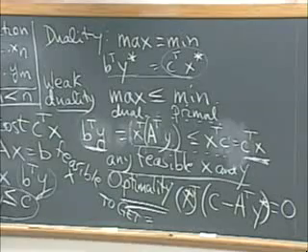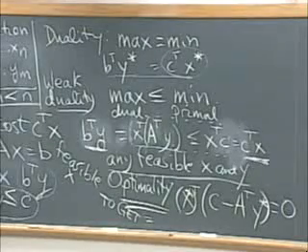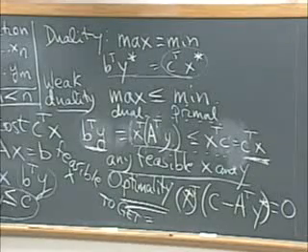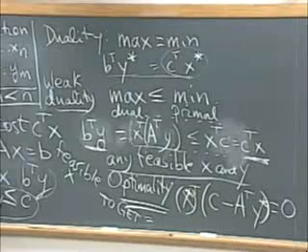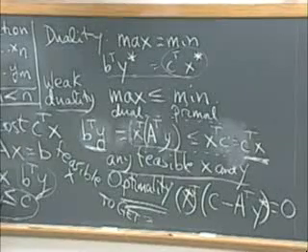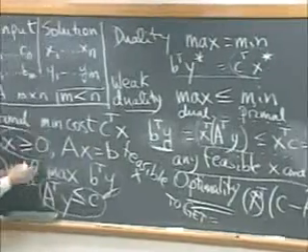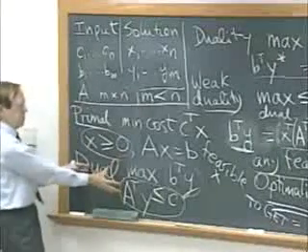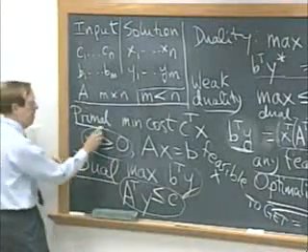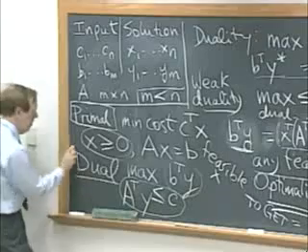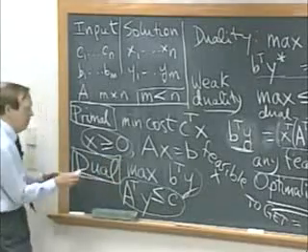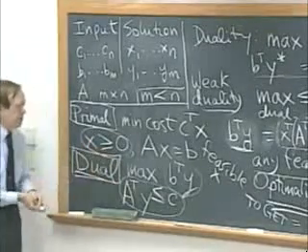So what I'm doing so far is pure algebra, right? I've asked you now for these minutes to just accept these two problems, the primal and the dual, as announced.